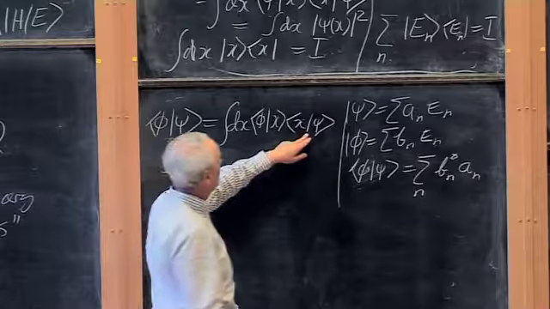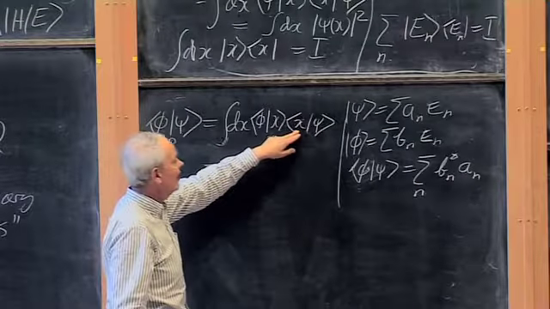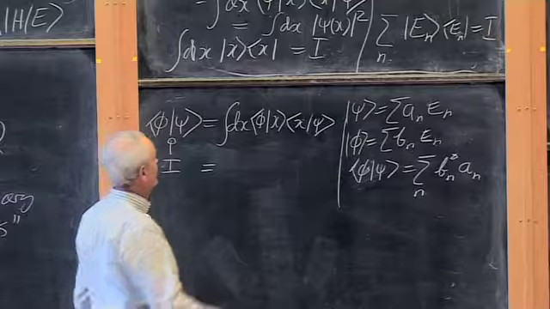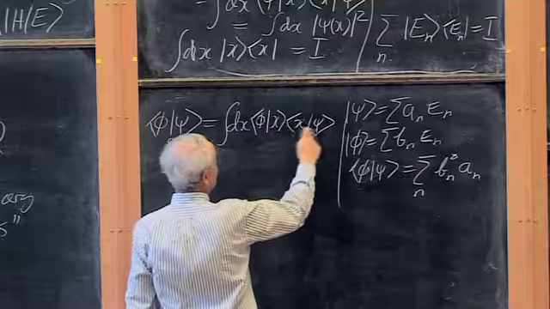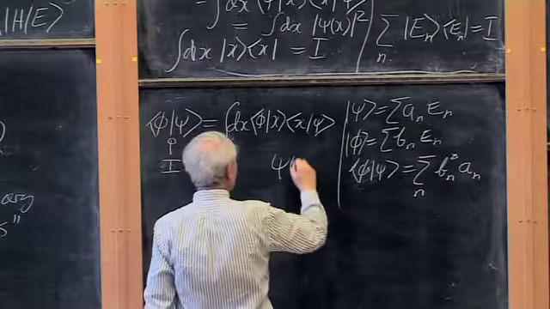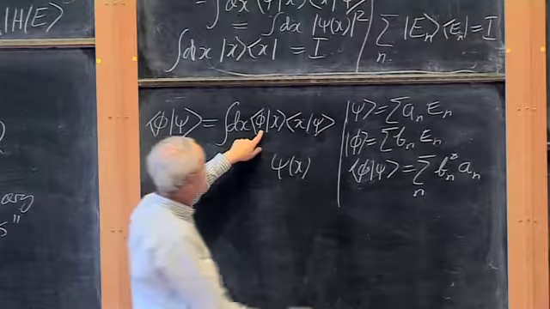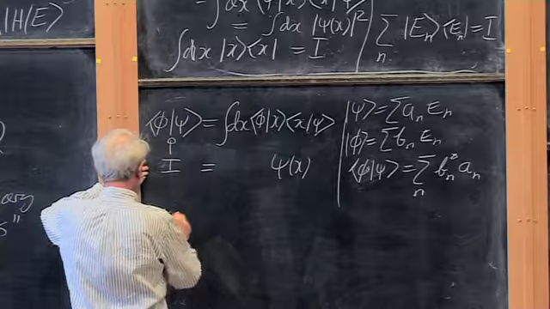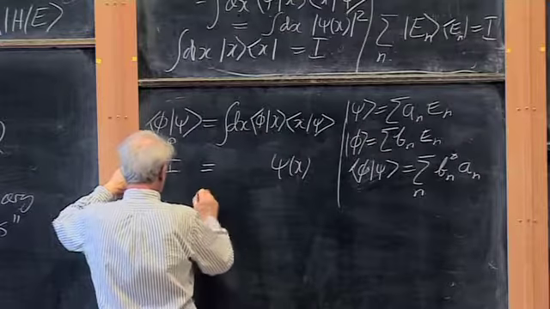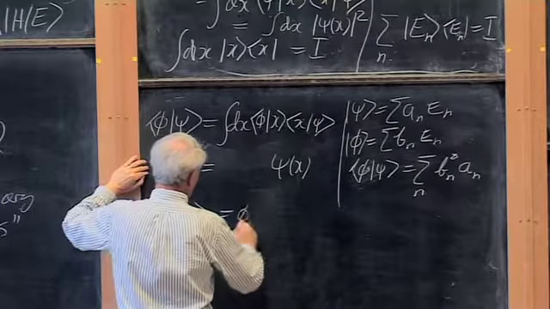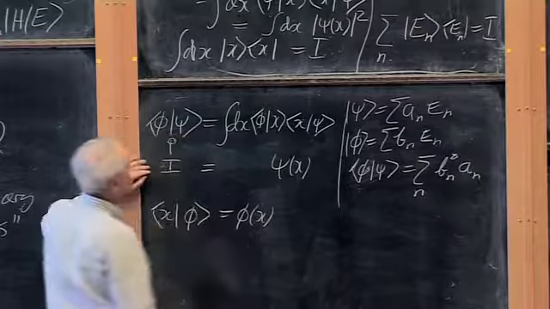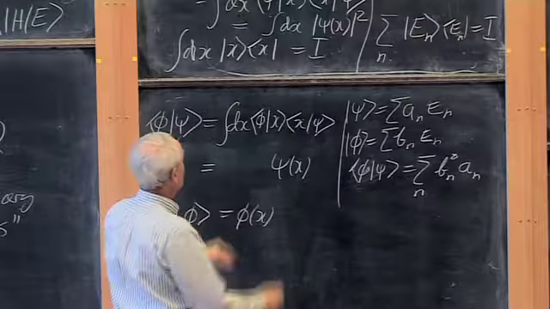This is what we have been calling the wave function psi of x. It is the amplitude to be at x. It is a function of x, a complex number depending on x, psi of x. And by analogy, we should call the wave function phi of x.